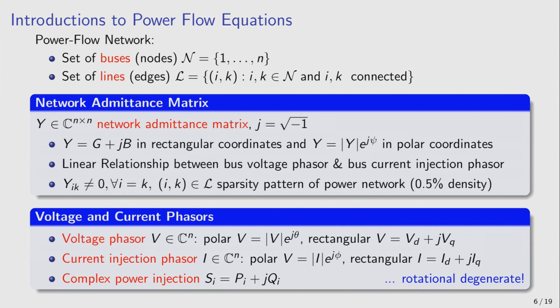So G and B are real matrices, and j is the square root of -1. So the modeling here will be done in complex variables. But we can always go from complex variables back to real variables by, for example, using rectangular coordinates or by working in polar coordinates, where we look at the magnitude of Y and then the phase angle e to the j phi.